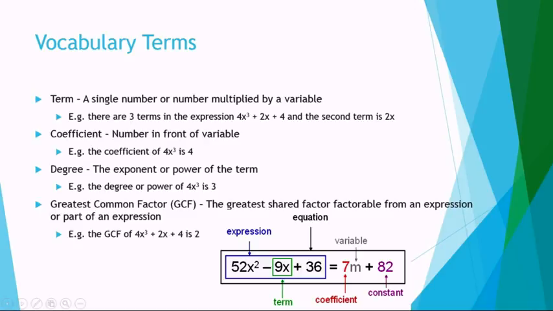But in this expression right here, 4x cubed plus 2x plus 4, you can see that each of my terms, 4x cubed, 2x, and 4, they're all even, 4, 2, 4, so I can pull out a 2. I could also pull out an x if there's an x with this 4. So the greatest common factor cannot only just be a number, but it could also be a variable or part of a variable. But because this 4 doesn't have an x, I can only pull out a 2.